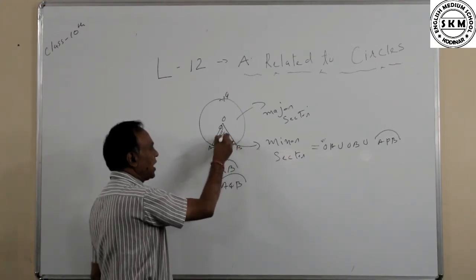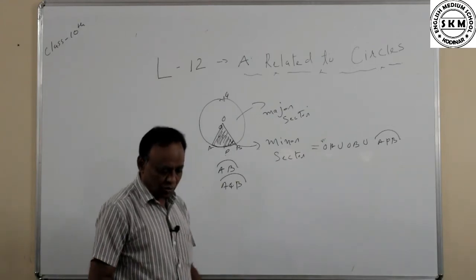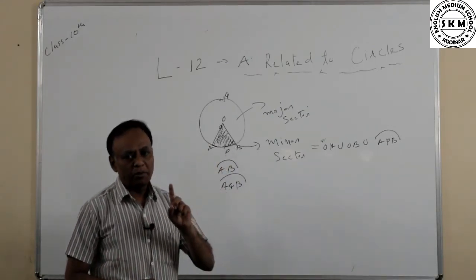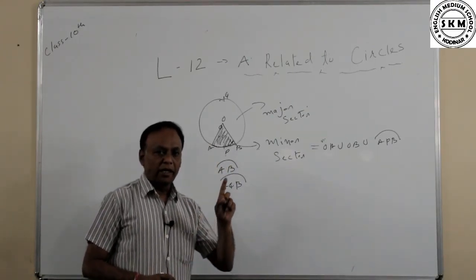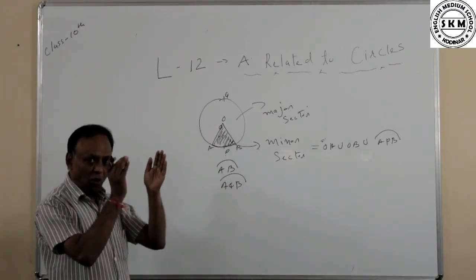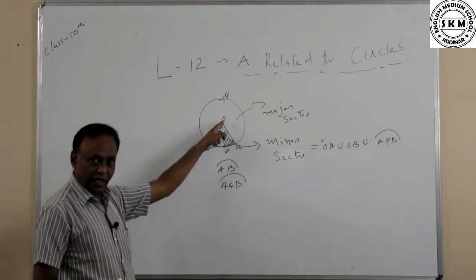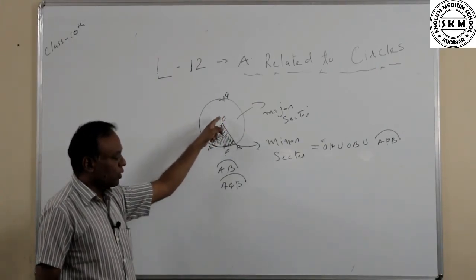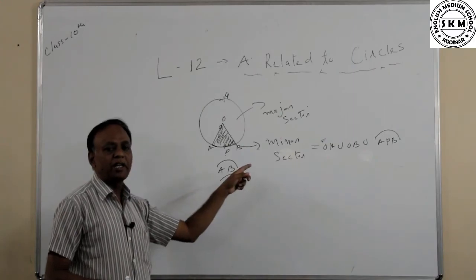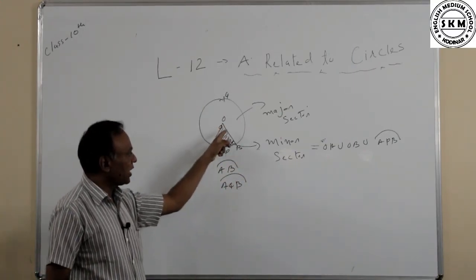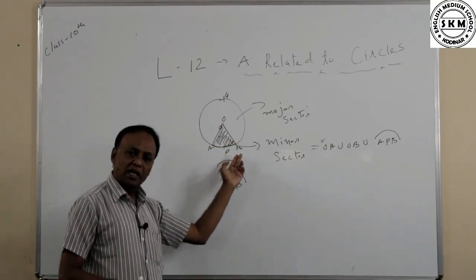So only remember the figures. Here it is bounded by radii OA, OB and the corresponding arc. Corresponding arc means OA and OB make the corresponding arc APB.